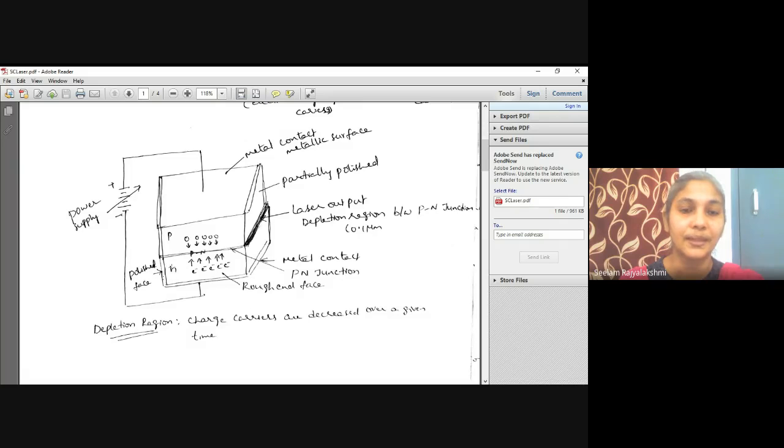That means the upper surface of the n-type semiconductor and the lower surface of the p-type semiconductor, one polished and the other partially polished, act as the resonant cavity.